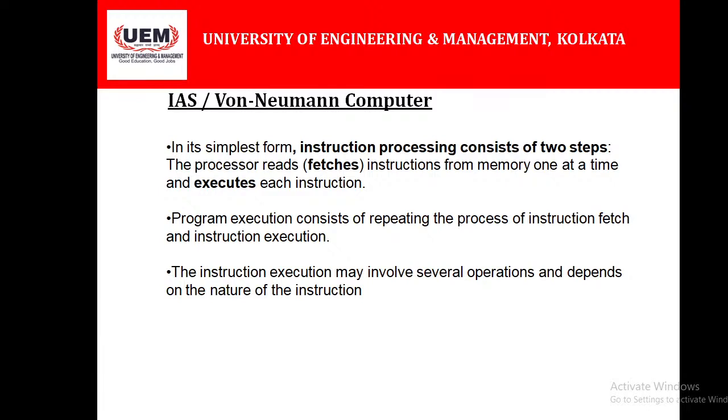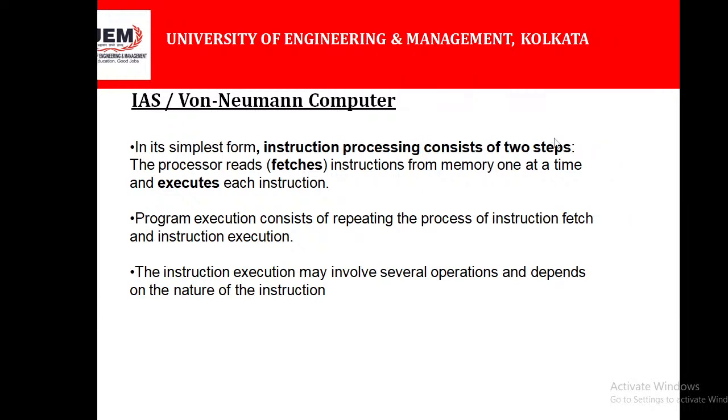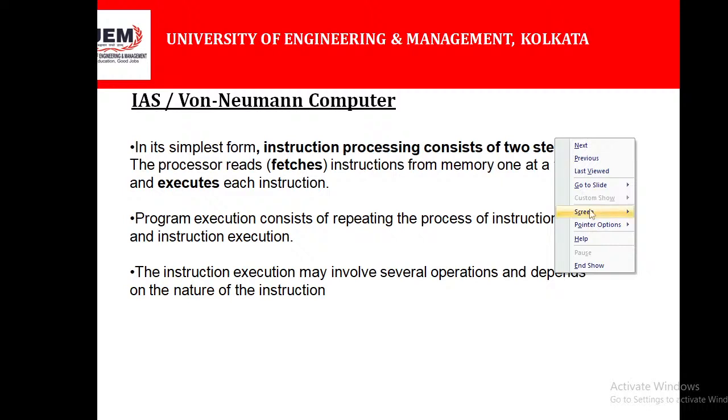Now one important point I will mention here, that in the simplest form of the Von-Neumann architecture, the instruction processing is going to happen using two steps. What are the main two steps? One step is the fetch operation, another is known as the execute operation, okay.